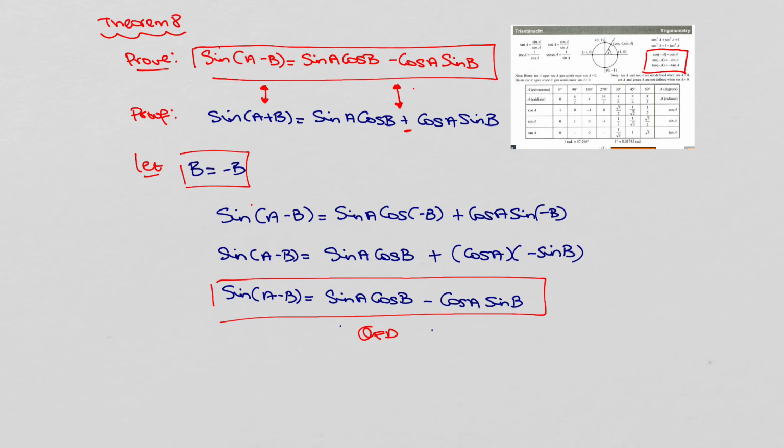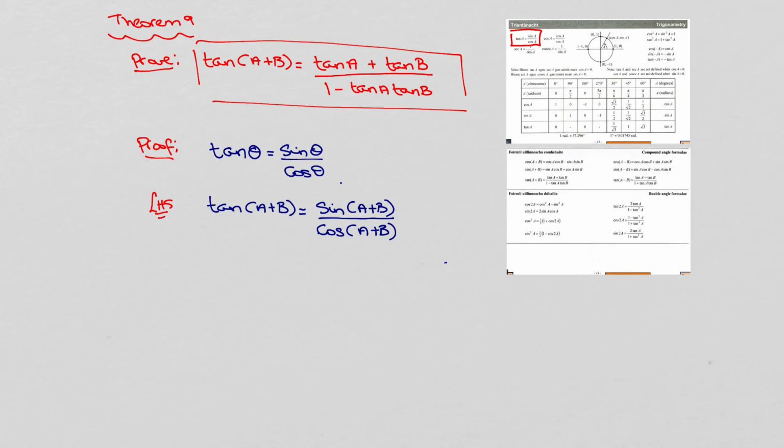Or we can go to our maths tables, which is page 14, 15, and we will be able to find those formulas. So in our exam, we would be looking at these two here on the right-hand side of my screen, cos of A plus B and sine of A plus B. So again, you can see they come before our tan of A plus B, which means I can use them in my proof.